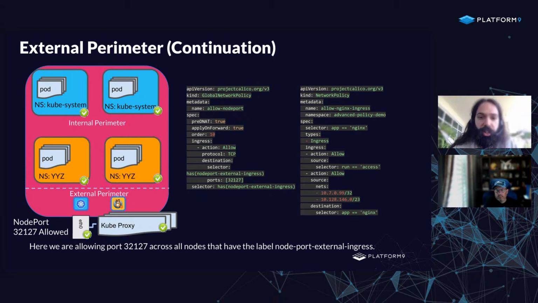The first that we're going to get started describing here is again another global network policy, because the global network policy is going to be applied. Now we're saying we are going to allow TCP traffic with a destination selector that has node port external ingress, which is basically the worker itself, over port 32127, which is the node port of our interest.